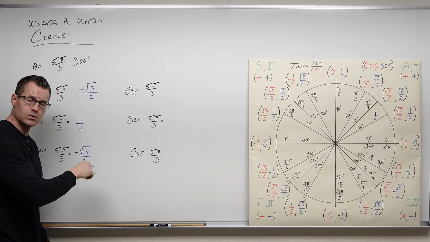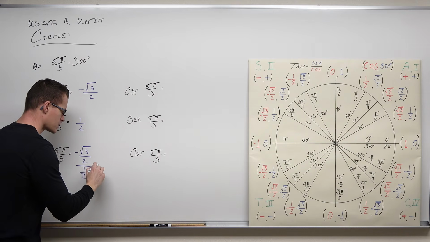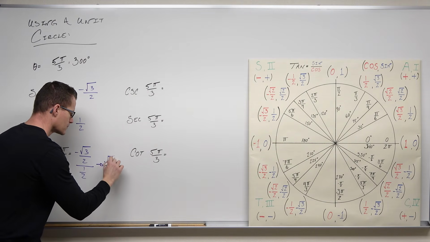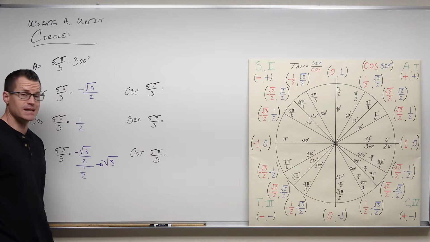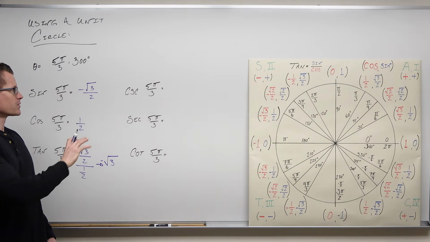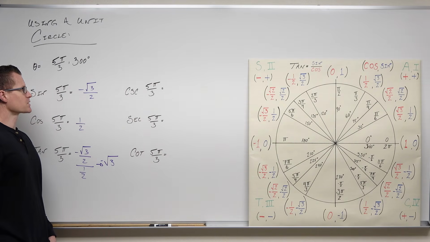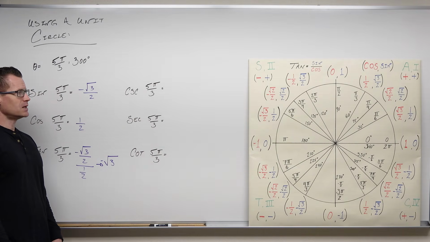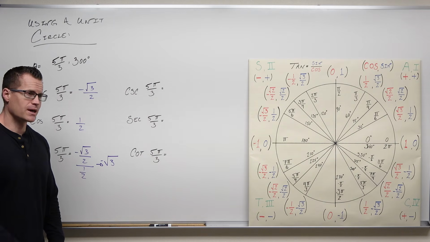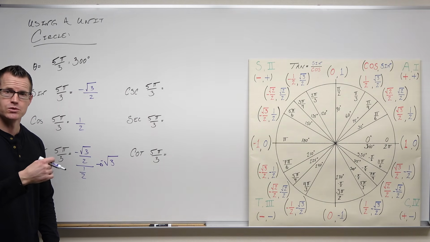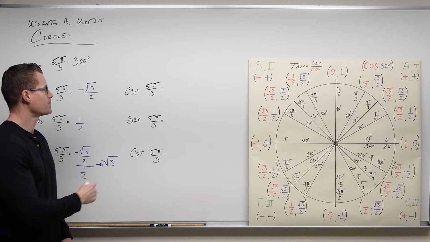The 2 and the 2 are going to simplify when I multiply and reciprocate. That gives me negative square root of 3. Now the reciprocals of those are going to give us our other functions. So negative 2 over square root of 3, you probably have recognized this is going to be negative 2 root 3 over 3.